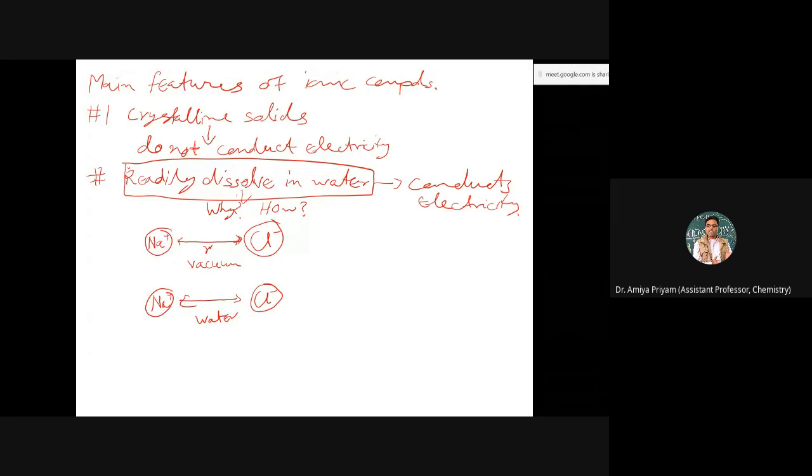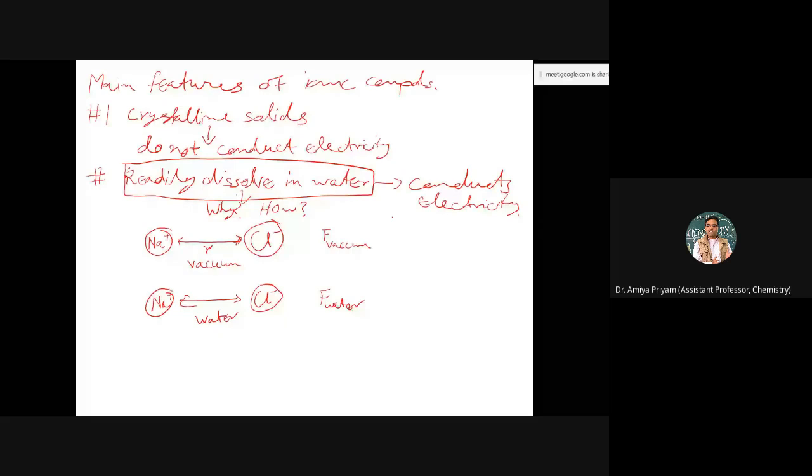So the force, the electrostatic force in vacuum, and there will be an electrostatic force acting between them in water also. So what do you expect?